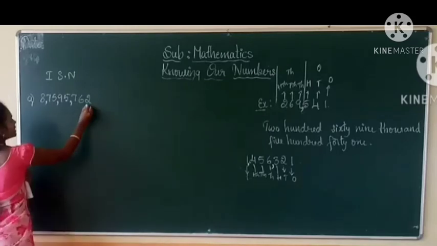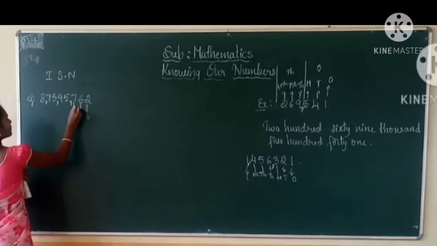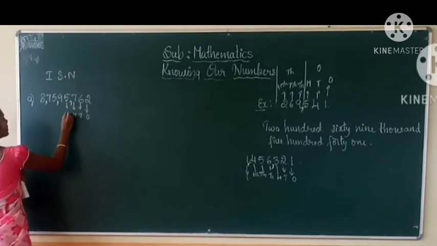We know that it is ones place, tens place, hundreds place, thousands place.